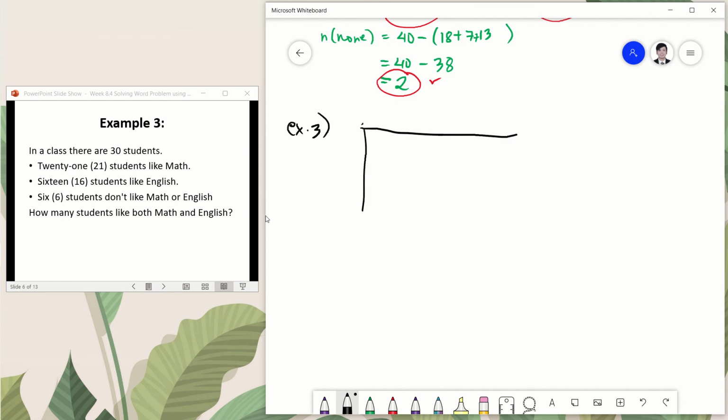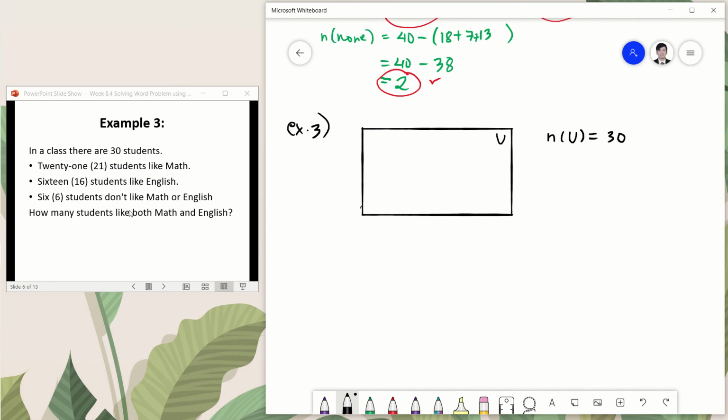By making first the Venn diagram. Don't forget the U, and the cardinality of our universal set is 30 because there are 30 students being surveyed. Now, we have two sets here, those who like math and those who like English. So two circles with intersection.